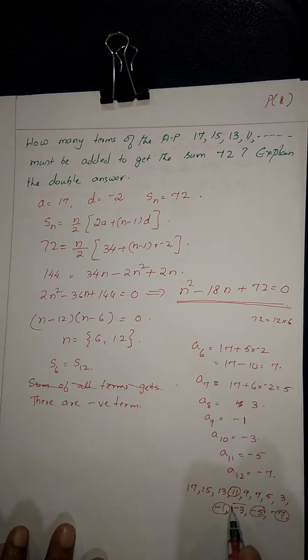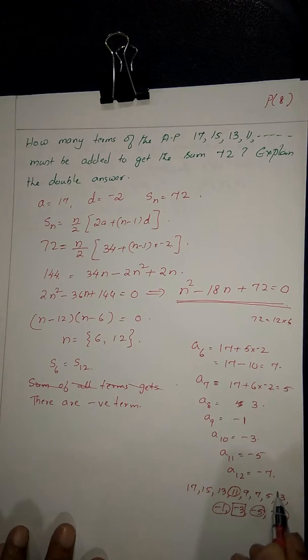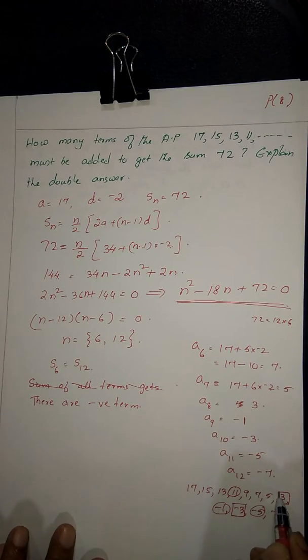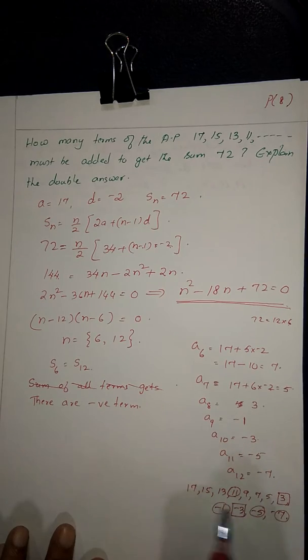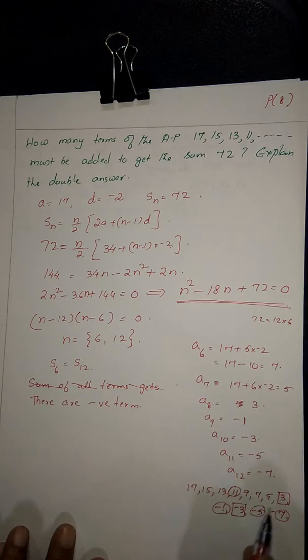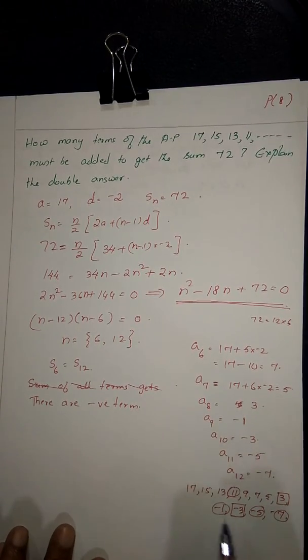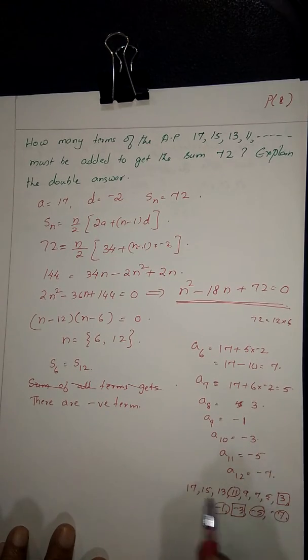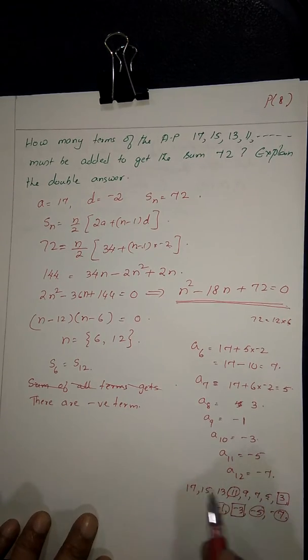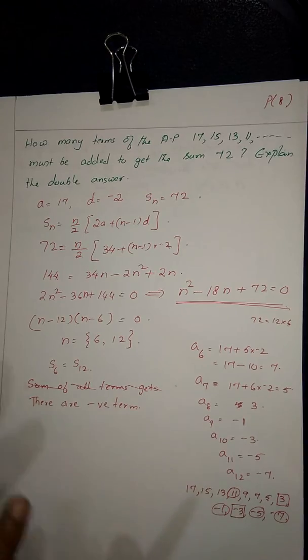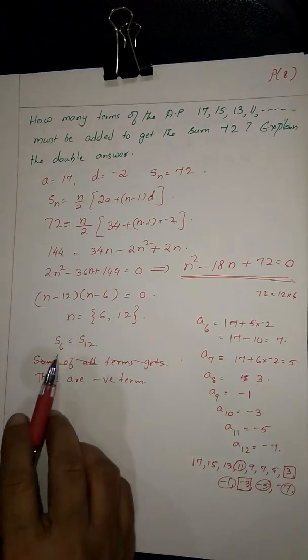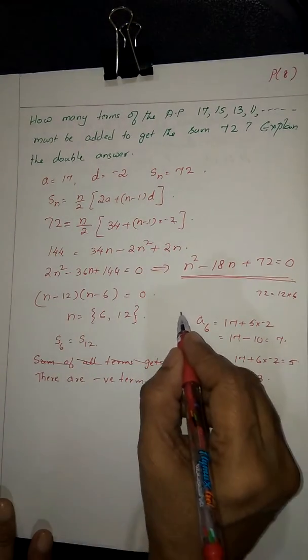Then minus 3 and plus 3 get cancelled. So now you are left with only 6 numbers. The sum of these 6 numbers is equal to the sum of the 12 numbers, because if you add all the numbers, automatically these two get cancelled and you are left with only these. That is why you are getting S6 is equal to S12.